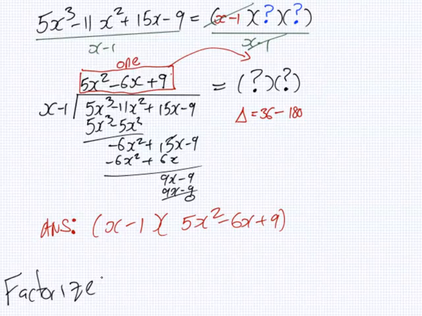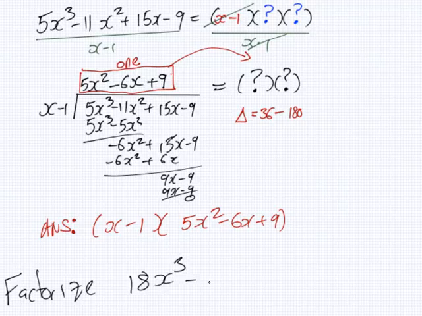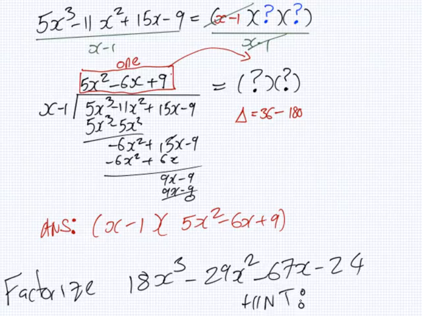Right, factorize this for me: 18x cubed minus 29x squared minus 67x minus 24, and the hint, one of the factors is x minus 3.